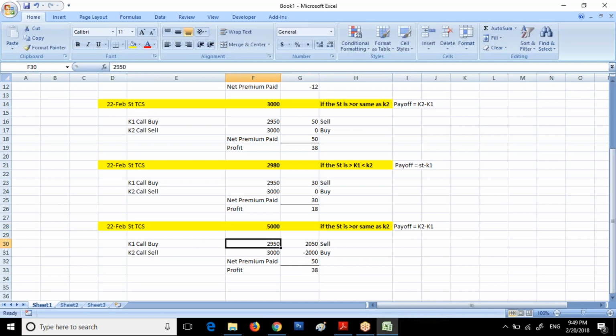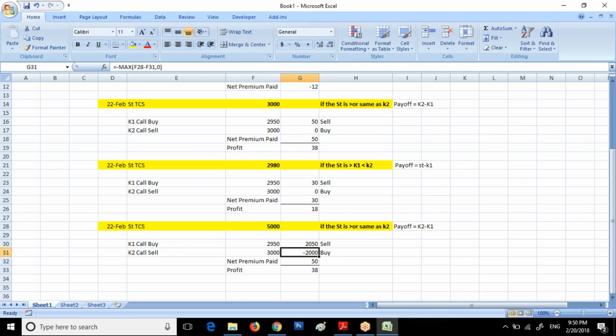Why? Because call buy will give you profit and call sell will give you losses if the price increases. If the price goes down, then call buy gives you losses, the amount of premium you paid, which is the maximum loss you have. And if the price goes up, it gives you unlimited profit.